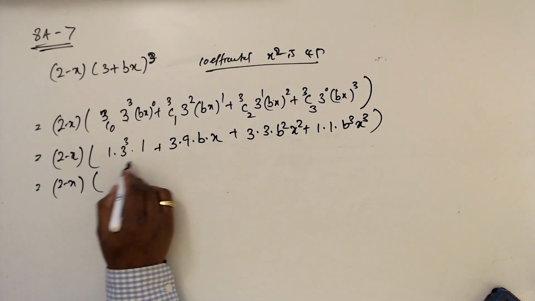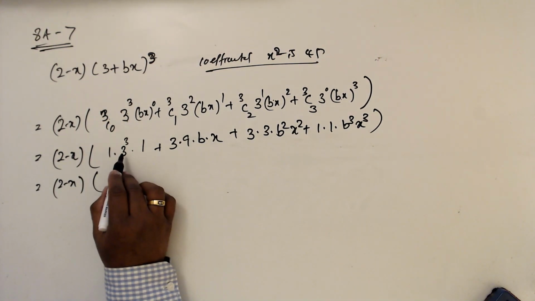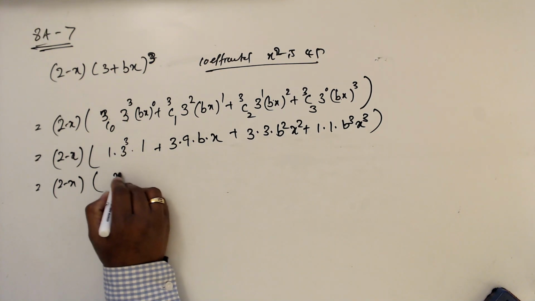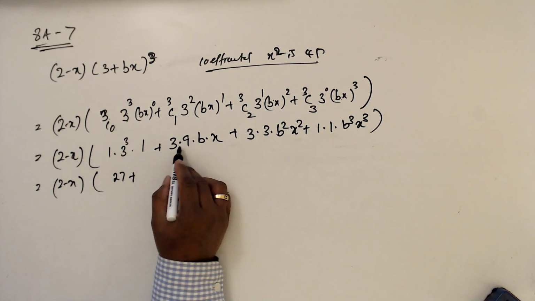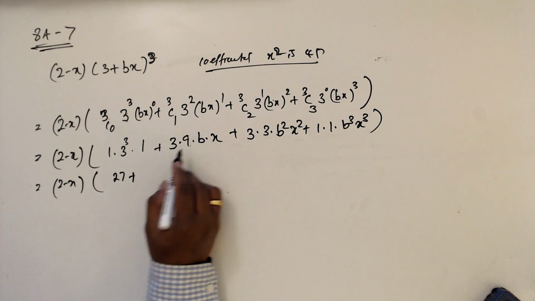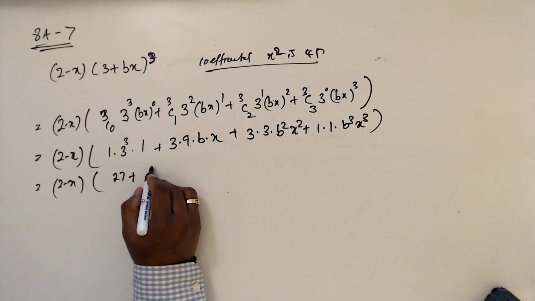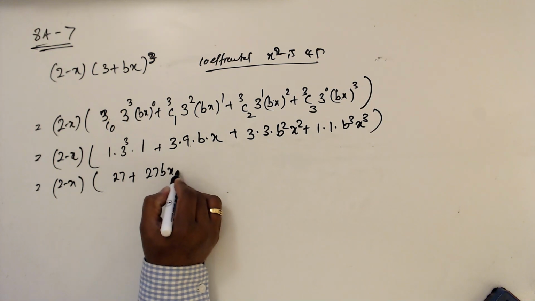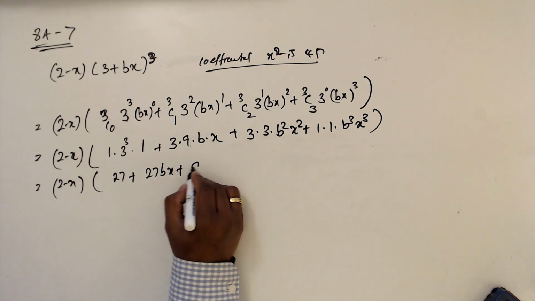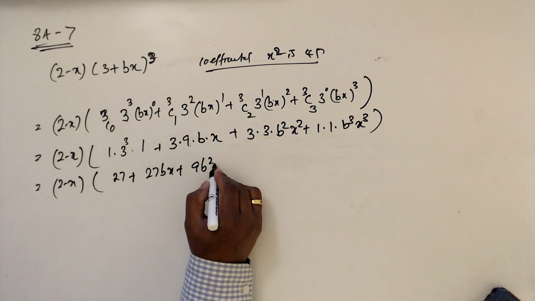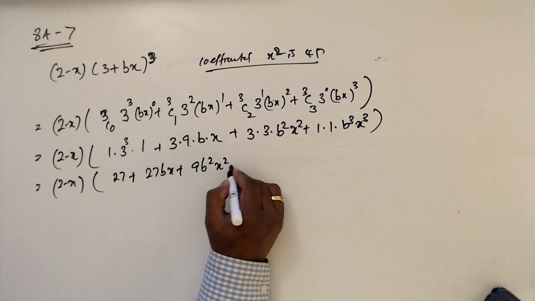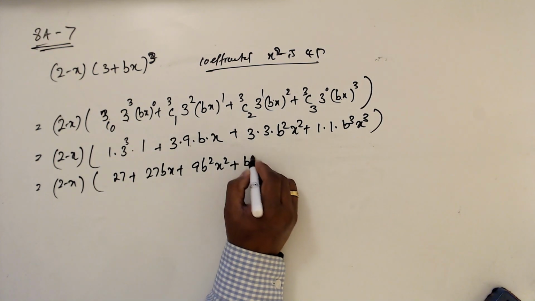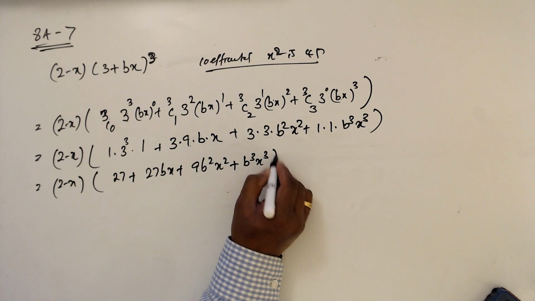(2 minus x) times, this is going to be 3 times 3, 9, 27, plus 27bx, plus 9b square x square, then b cube x cube.